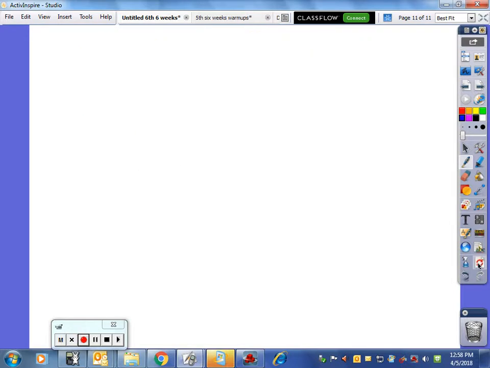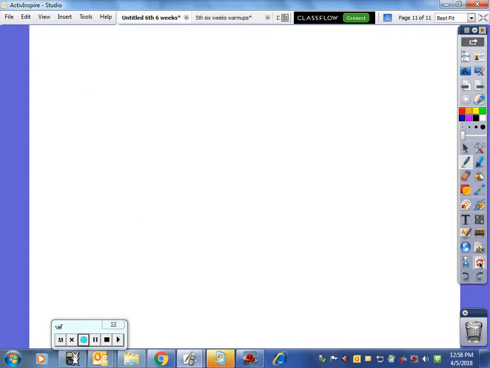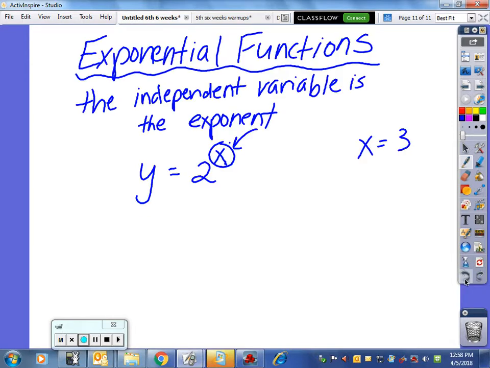I could let x be anything. X could be 3. That means I'm not squaring the 2. You input the x. I'm not asking you to find anything yet. I'm just asking you to understand that an exponential function means the input, where you put the x, is where the exponent goes. Now, these are the ones that have asymptotes.